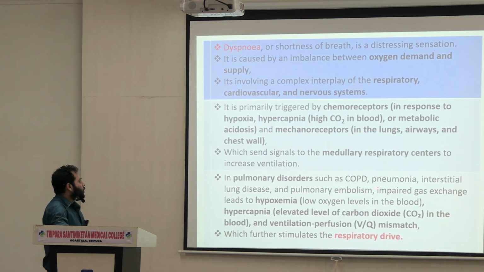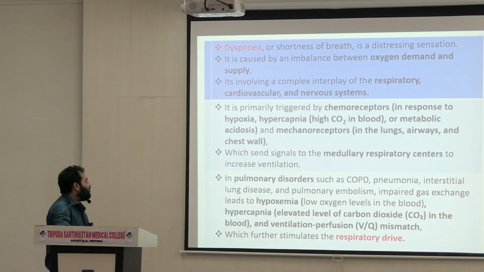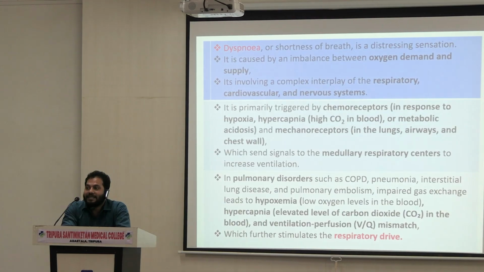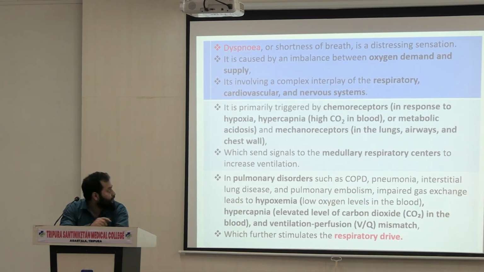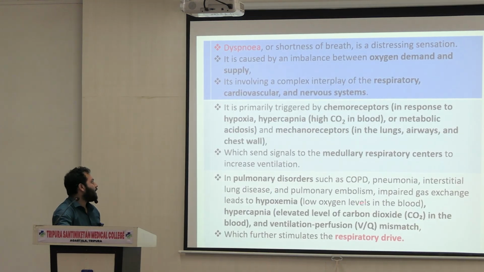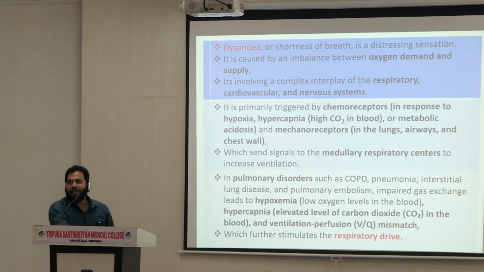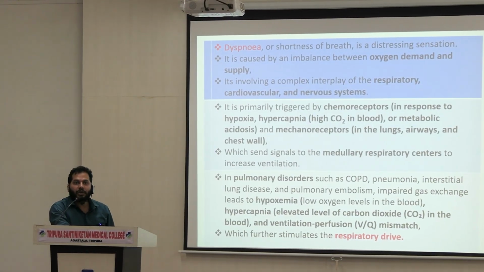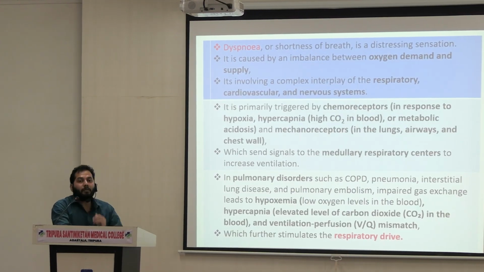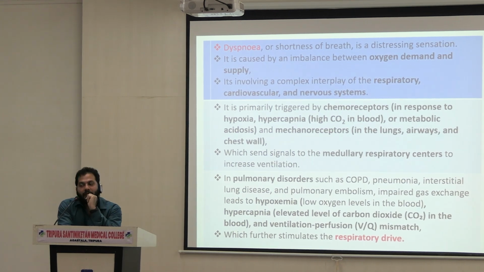Not only this, due to impaired gas exchange, it develops hypercapnia and ventilation-perfusion mismatch. Now we can say in dyspnea, these things are common, right? All these things are mainly due to the impaired gas exchange, because we know proper gas exchange helps to maintain a sufficient amount of oxygen at the tissue level.